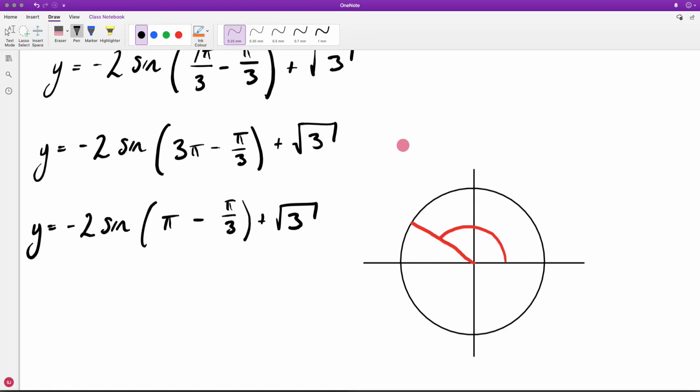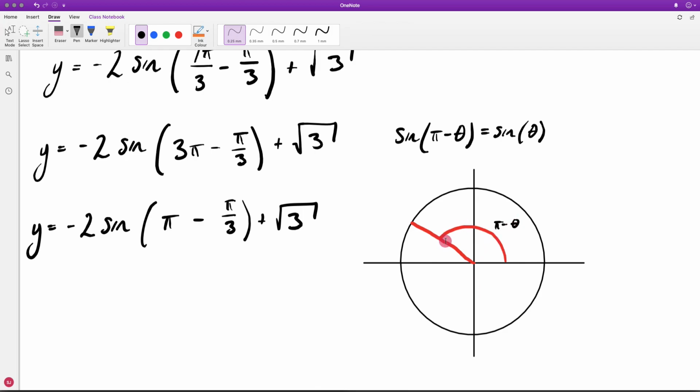Next, what I'm going to do is realize that this is my symmetry properties. And I know that the sine of pi minus an angle is simply sine of that angle. And the reason why I know this red region right here, this angle, that is pi minus an angle. And that's taking me to my second quadrant.